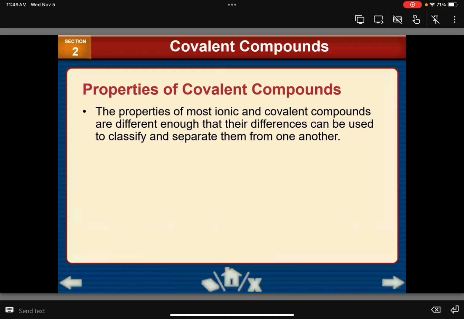And that is because of the electron configurations when ions form, and then when ionic compounds form by giving up or accepting electrons, becoming electrically charged, versus covalent compounds in which they share those electrons. So very different properties because of the way that they bond.